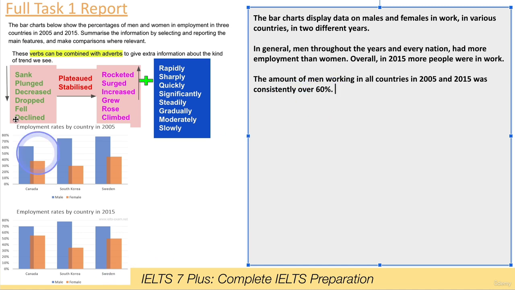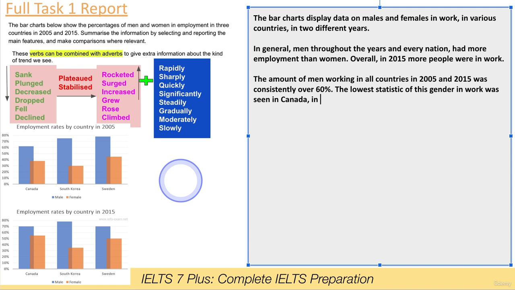Okay, so let's talk about the lowest then. Maybe this just over 60% in Canada here. The lowest statistic of this gender in work, different ways of saying men in work, was seen in Canada in 2005.